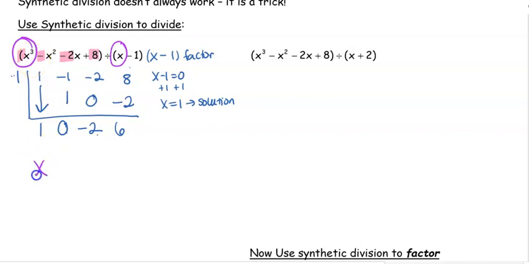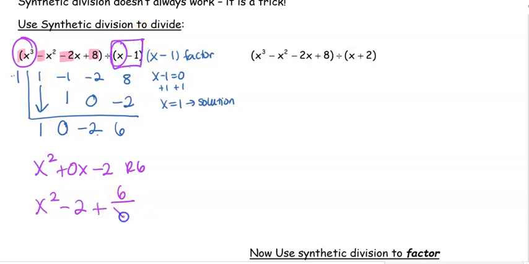So this is 1x squared, no x's, minus 2 with a remainder of 6. As I write my answer, I'm not going to write 0x, minus 2. I put my remainder over my factor, that divisor, not the solution. We use the solution to do the synthetic division, but we use the divisor when I write the remainder.